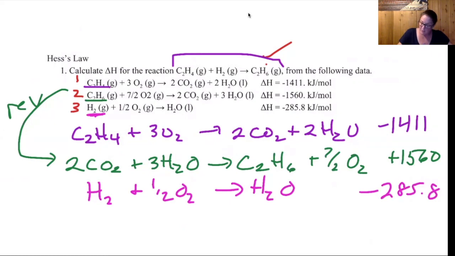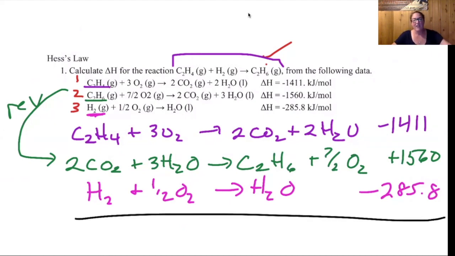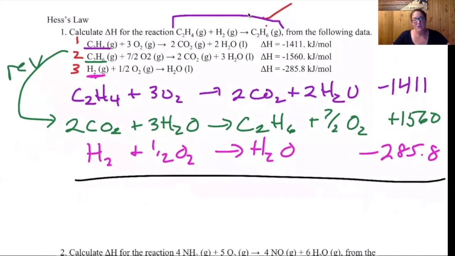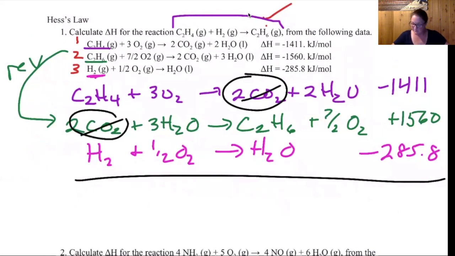Okay, now, if I manipulated these reactions correctly, when I combine them, they're going to add up to my overall reaction. So what I do is I cancel things that appear the same way on each side of the reaction total. So I have 2 CO2 over here and 2 CO2 there, so I can knock those out.